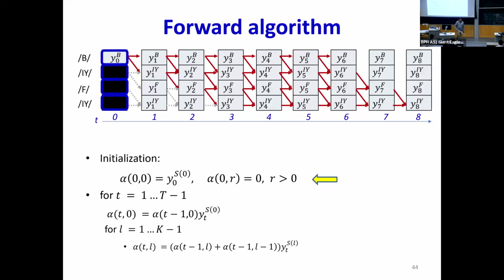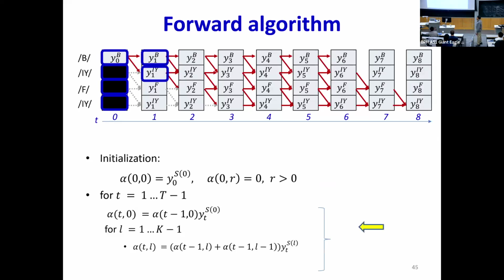That's the entire graph. If I start from the left corner, once I've computed the alphas for the first column, I can take a step forward and compute my alphas for all the terms in the second column. And all I'm going to do is go down this column, and for every node, sum up the alphas of the parents. In this case, the parents are simply t minus 1, L and t minus 1, L minus 1, and then multiplied by the node probability.